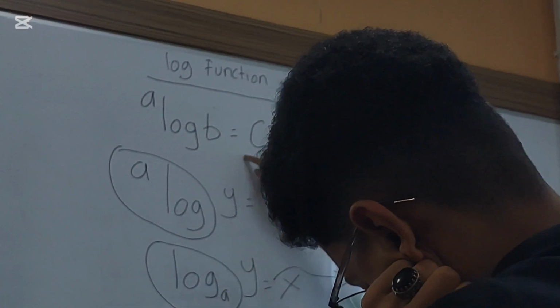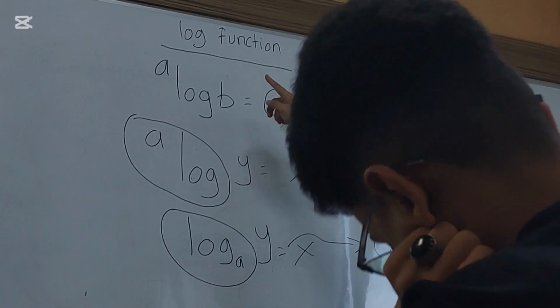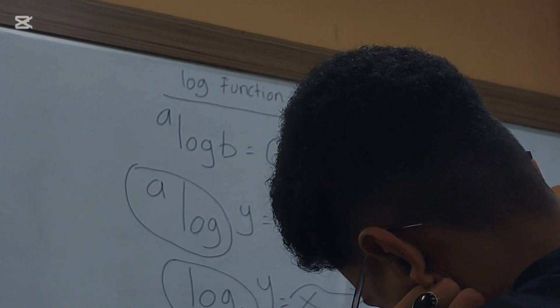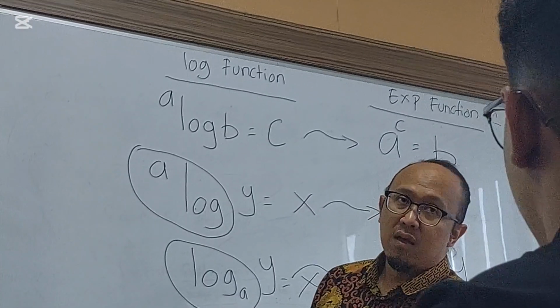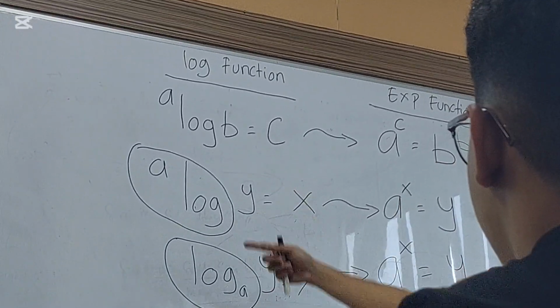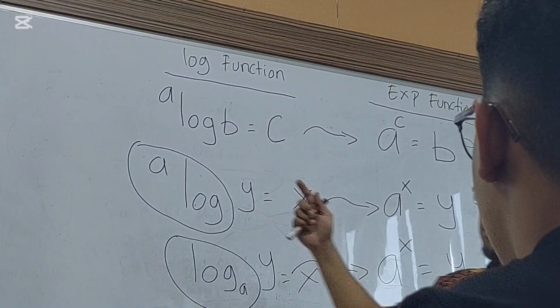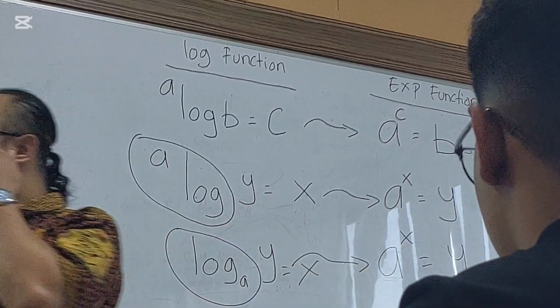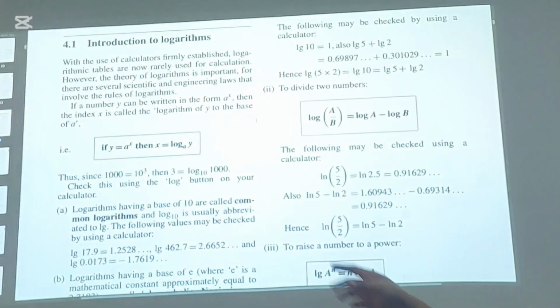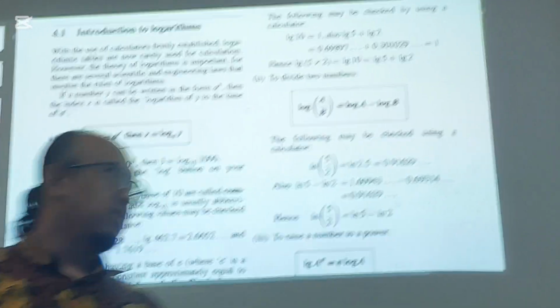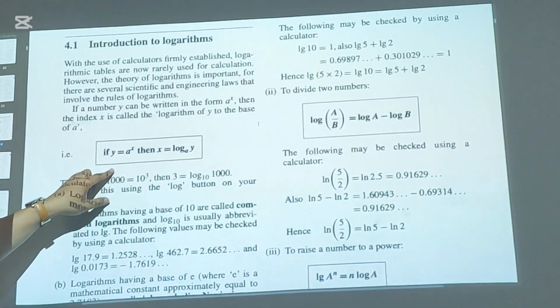So if you remember the transformation from logarithmic function into exponential function or vice versa, you can easily convert every shape of function in both logarithmic and exponential. So this is the basic shape of the logarithmic and exponential function.